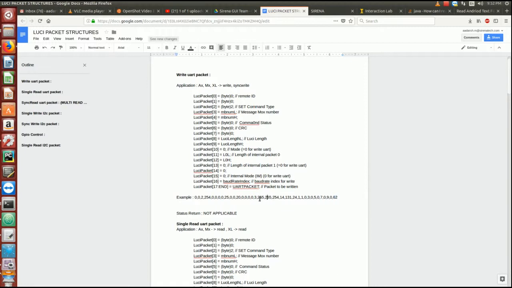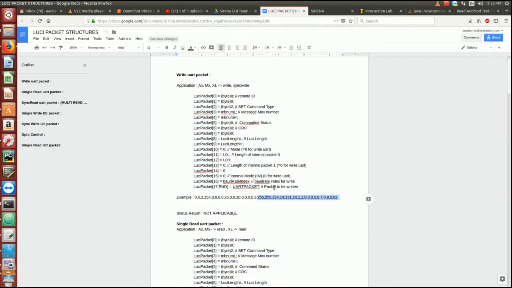So this is going to be a packet. This is what you usually write to the motors, and once you send this message over LUCI or over TCP basically to the robot, it's going to take care that this message from 255 goes to the motors or goes to the UART output.